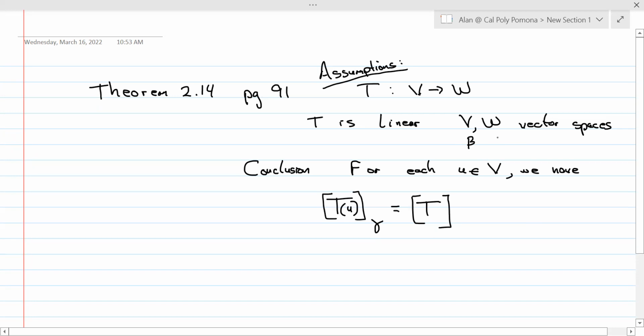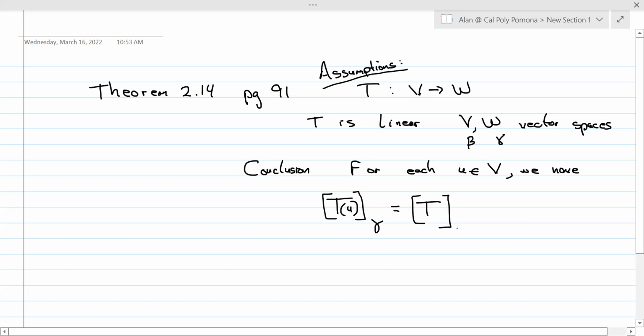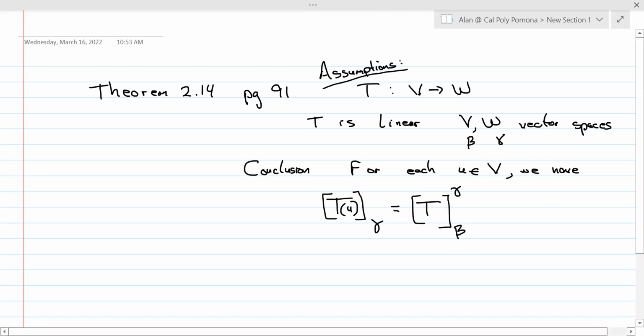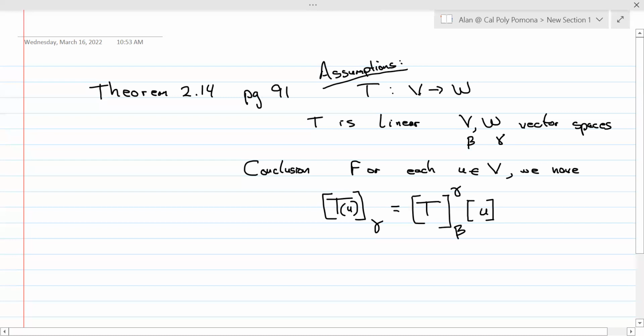The ordered basis for W is gamma. So if you take the matrix associated with T going from basis beta to gamma, you multiply it by the vector U as written in basis beta.